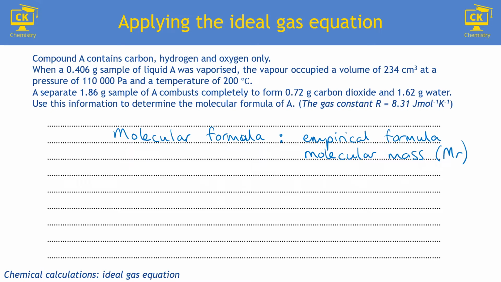Now the word empirical actually means we're getting it from measurements, and the empirical formula can be found by the information about carbon dioxide and the water, and the molar mass or the molecular mass of the gas can be found using the information about the ideal gas, because we can find the number of moles and we have the mass, so we can rearrange it because we know that moles equals mass over MR, and therefore MR equals the number of grams, the mass, divided by the moles.